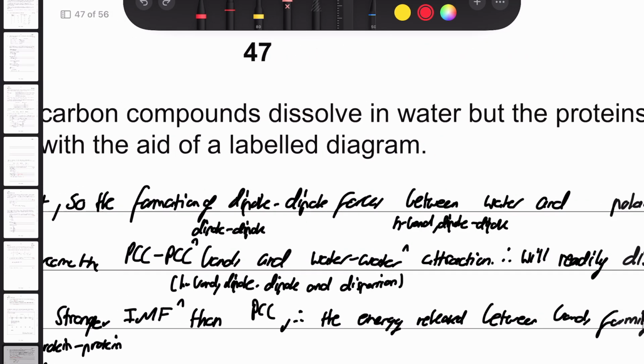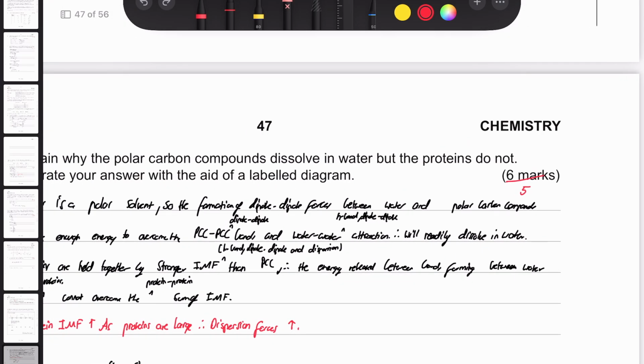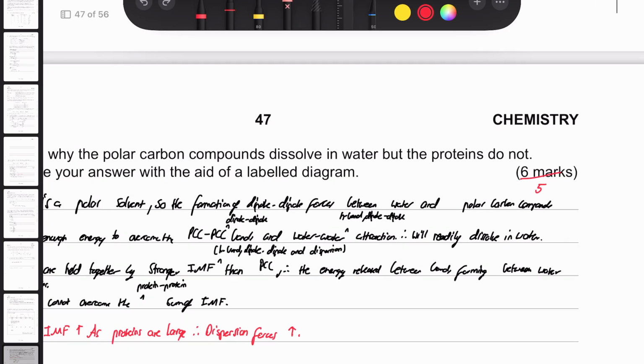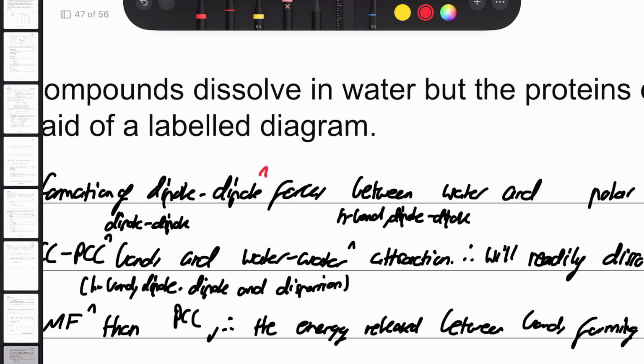There was one thing I wasn't quite sure about. The marking key says the sum of force of attraction. Here they also said H bonding for forces between water and polar carbon compounds.